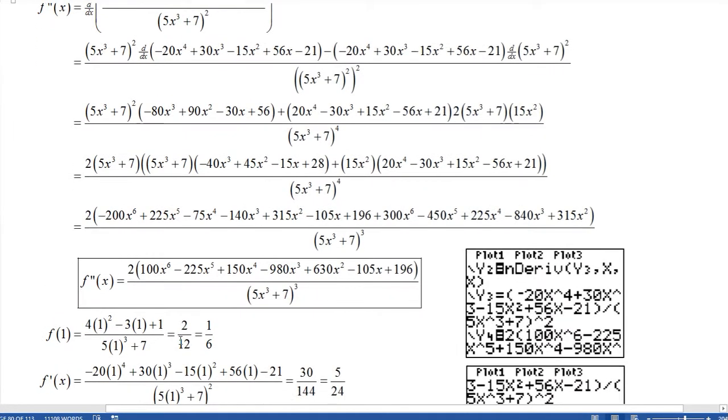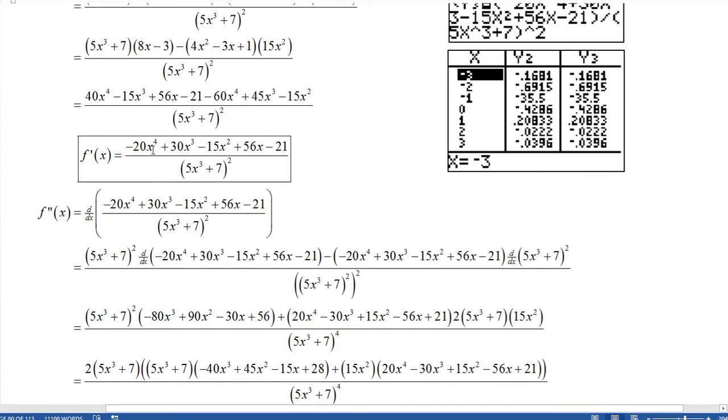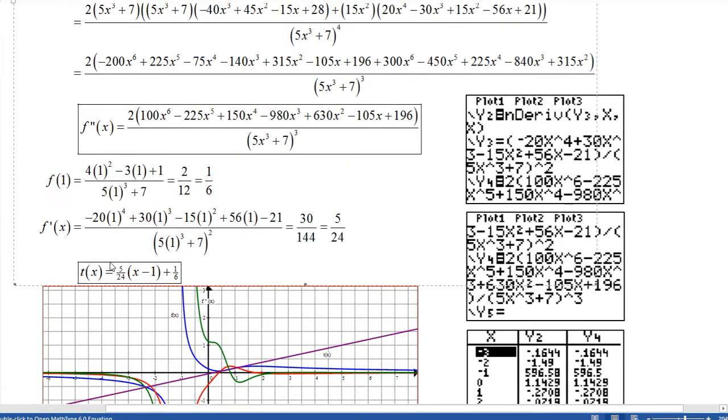Now, to find the slope of the tangent line, you go to the derivative formula, which was this one right here, negative 20x to the fourth, etc. Take that formula, replace all the x's by 1, and see what that reduces to. Let's do the bottom first. 1 cubed is 1, times 5 is 5, plus 7 is 12, squared is 144.